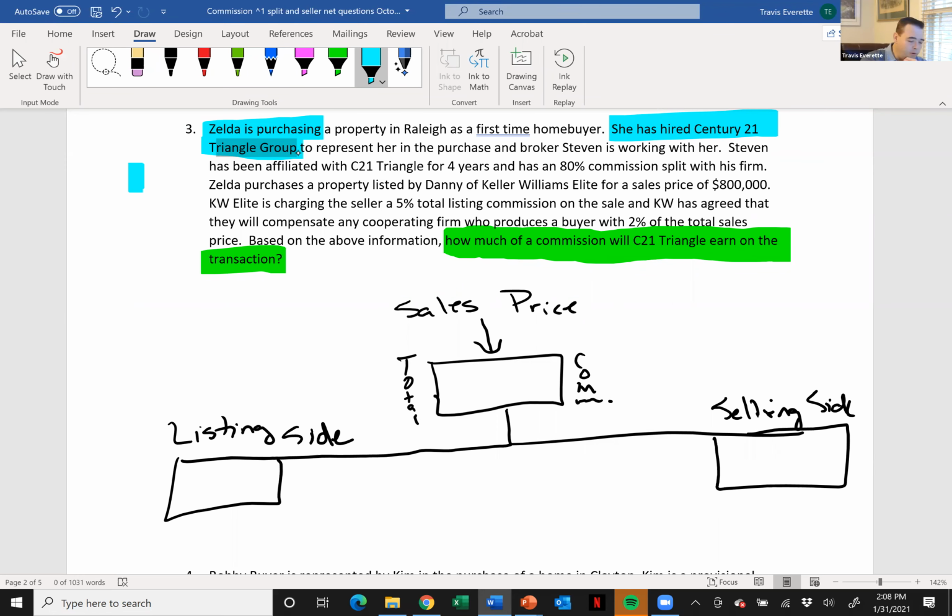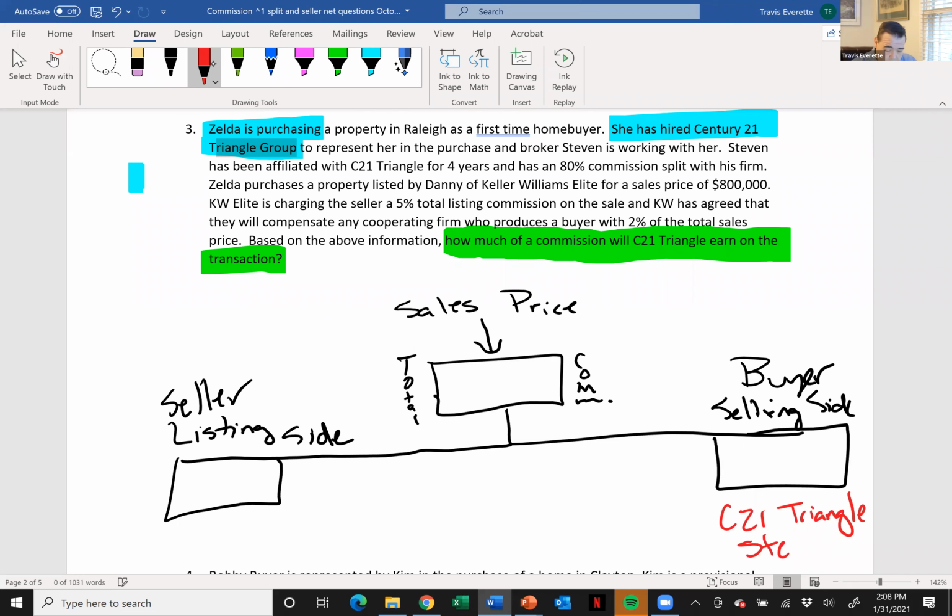And if you remember, we talked about the listing side represents the seller, and the selling side represents the buyer. So here's what we know. Century 21 must be over here on the buyer side. And broker Steven is working with her, so he's also over here on the buyer side, on the selling side of the transaction.